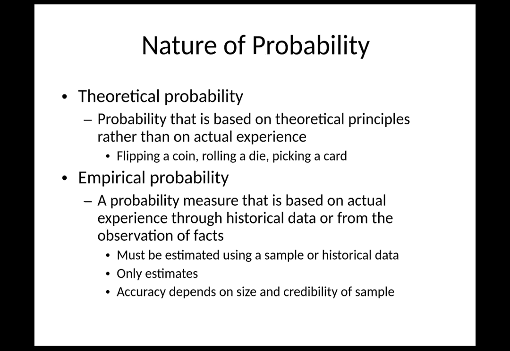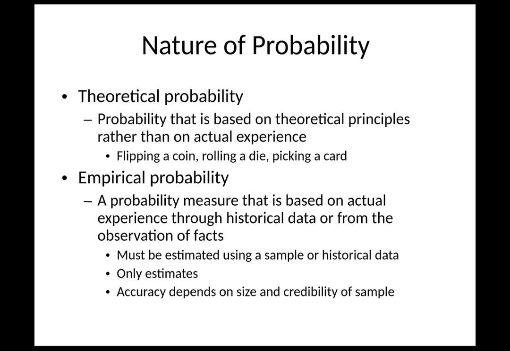So theoretical probability is the probability that is based on theoretical principles rather than actual experience. The examples they provide: flipping a coin, rolling a die, picking a card, right? We know a coin has two sides. We know that there's a 50% probability, rolling a die, 1 out of 6, all those types of things, because it's theoretical. We can get an idea of what it should be.